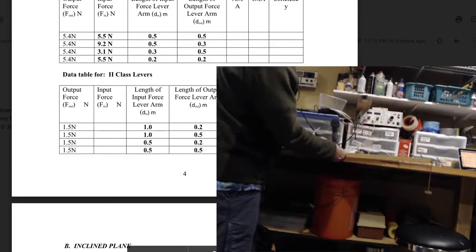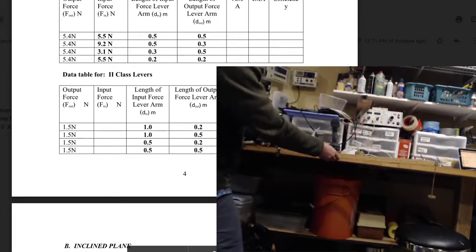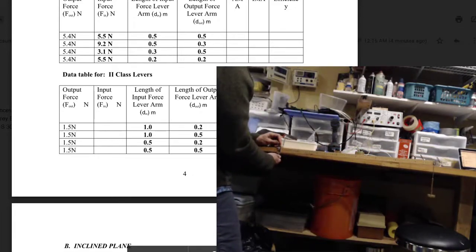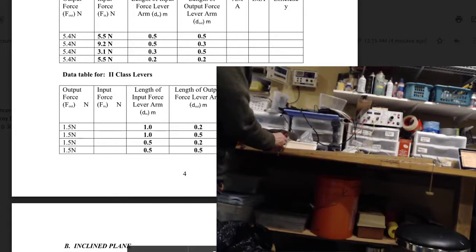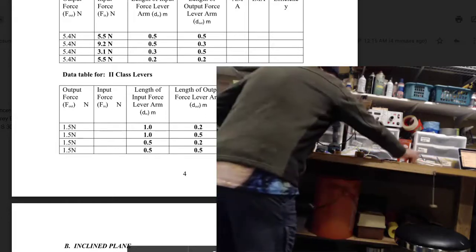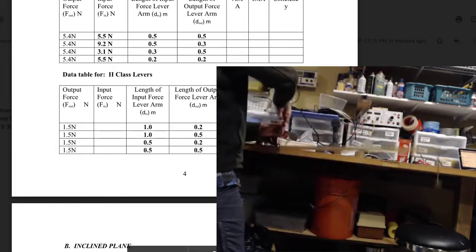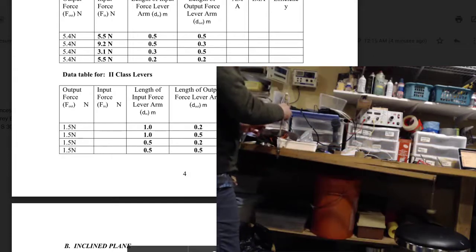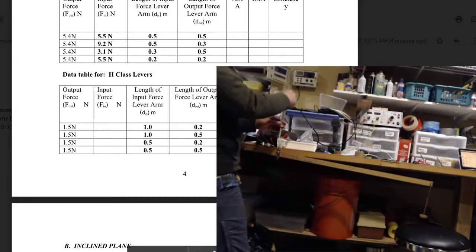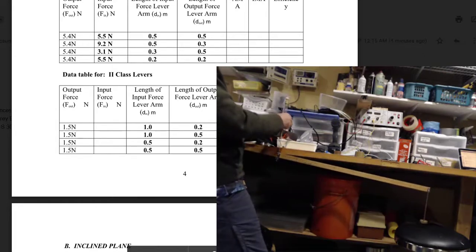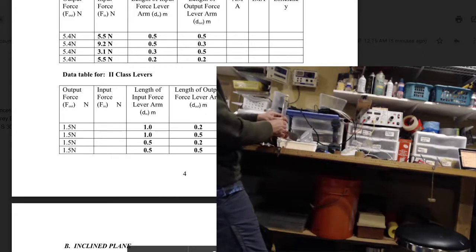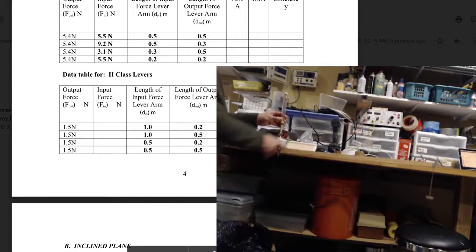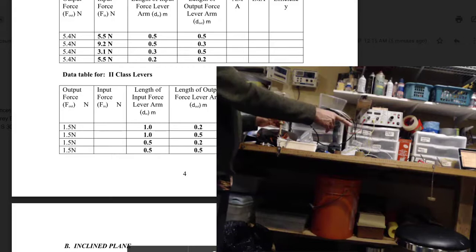So I'm going to be 20 centimeters from the fulcrum point. I need to measure how much force it takes to keep that weight up from here. Fortunately I have my force sensor here, and it's taking a fair bit of force to keep this up. Gosh, it looks like 9.5 newtons of force to hold up only 1.5 newtons over there.